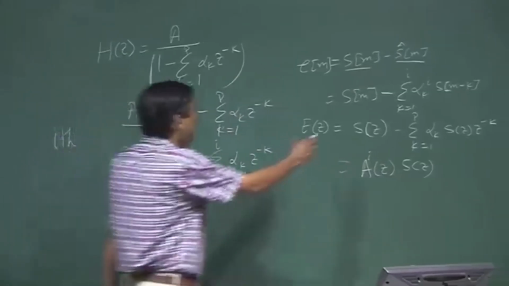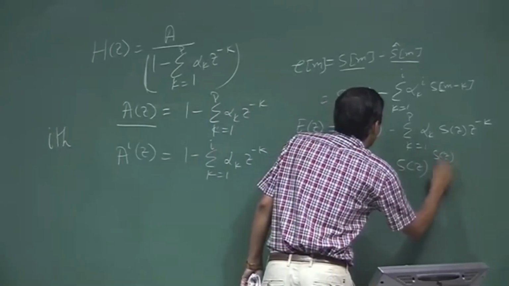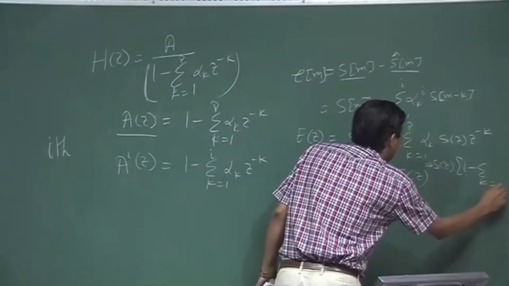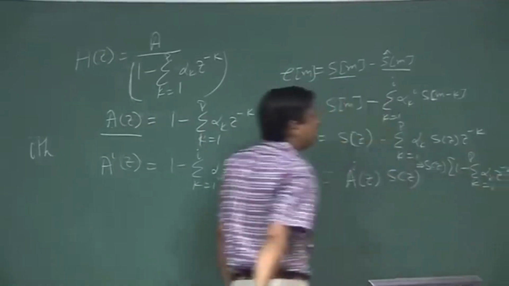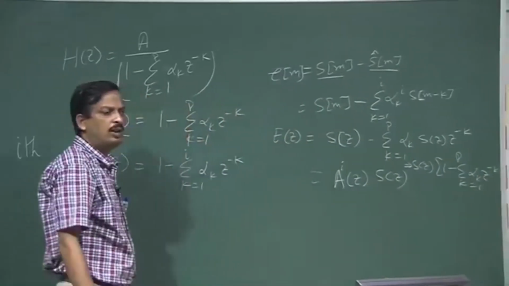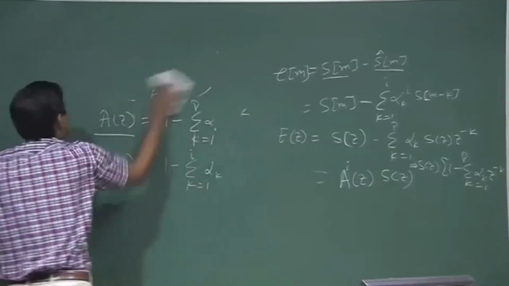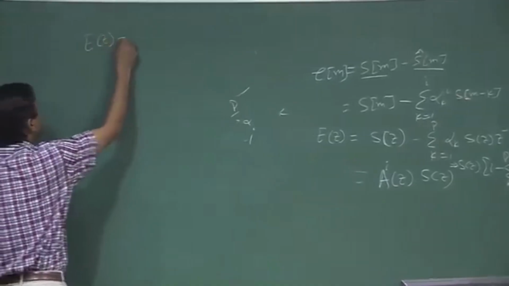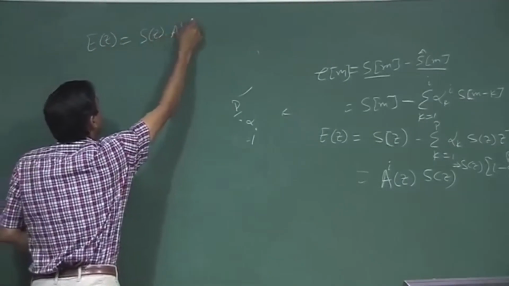If I take S z common, then S z into 1 minus the sum from k equal to 1 to p of alpha k z to the power minus k. So I can say the forward prediction error E z is nothing but S z into A i of z.